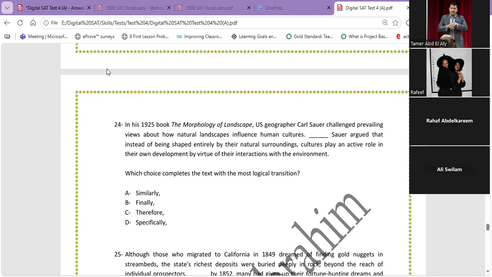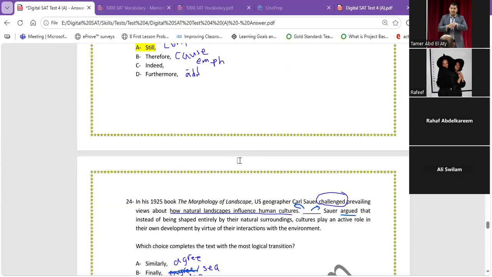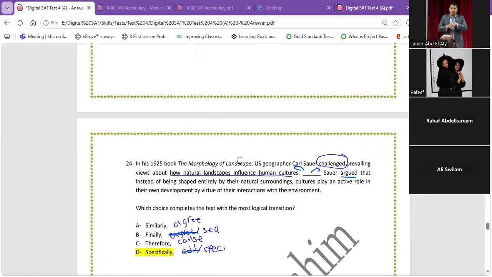So let's find the answer for number 24. As you can find here: similarly, agreement; finally, sequence; therefore, cause and effect; specifically, specialization, when I give a special example for something. So let's find a sentence before and after.